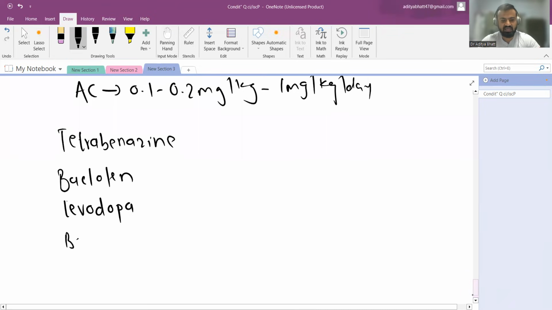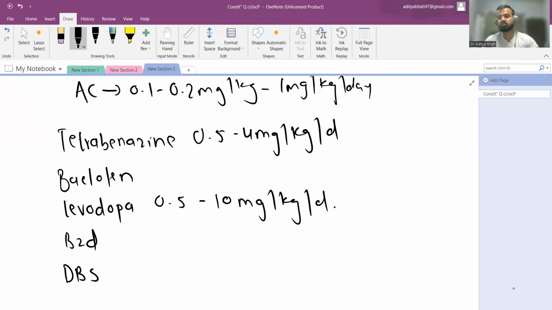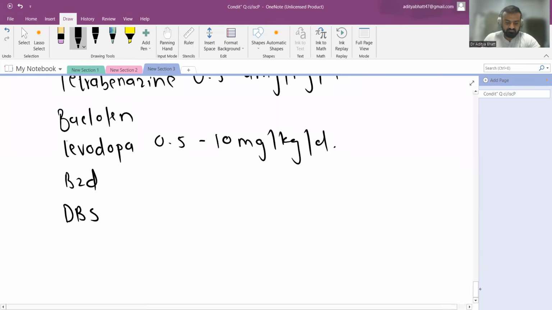You can go for benzodiazepine and you can go for deep brain stimulation. Tetrabenazine, the dose is 0.5 to 4 mg per kg per day, and if we start syndopa, it is 0.5 to 10 mg per kg per day. Rest all doses we have talked about before.